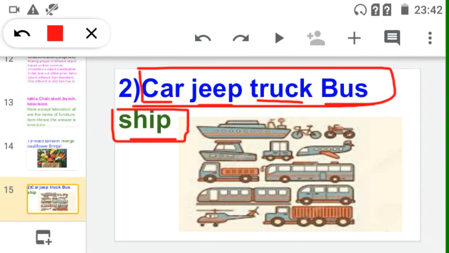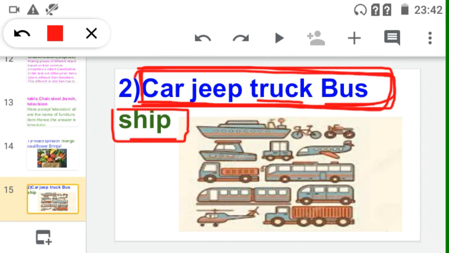So which properties, which functions are the same? Car, jeep, truck, bus have the same function, but ship has a different function from these 4.